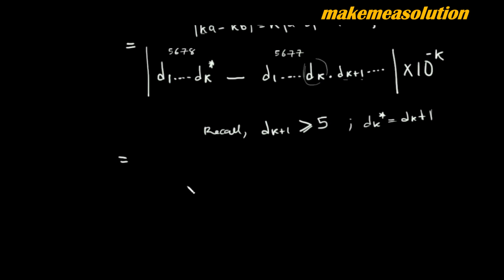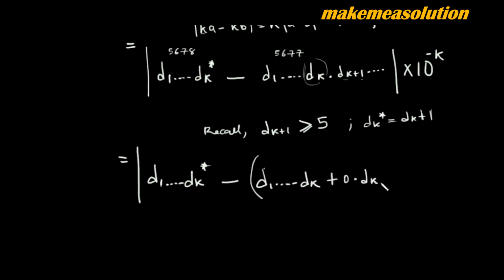Now assuming that I have these two numbers like this, I can still express it like this: d1 to dk asterisk, then minus, so this is d1 to dk. Is that okay? I'll open a bracket, then plus 0 point dk plus 1 and dk plus 2, and so on and so forth, times 10 raised to the power of minus k. Now see what happens in this particular place from here to here.